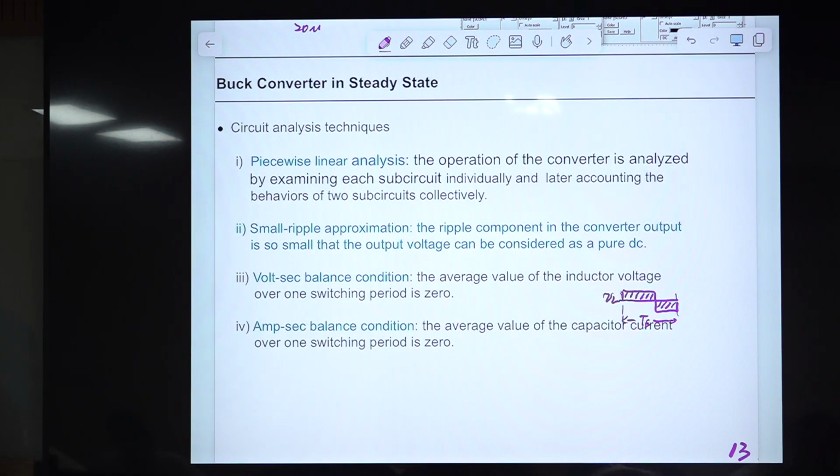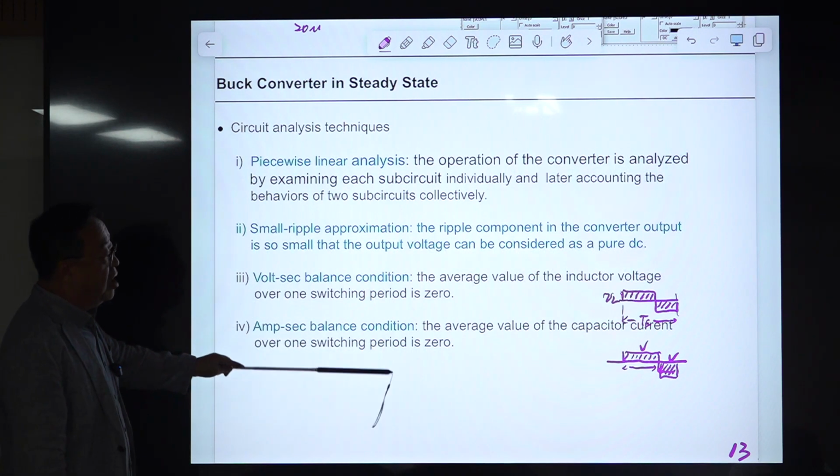For the capacitor, there is the amp-second balance condition. If you are always driving a capacitor with constant current, with positive current flowing through the capacitor for this time period and negative current for this period, then the area of this should be the same as the area of this.